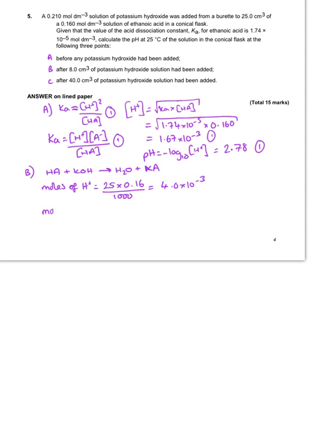Okay, and then we want to know how many moles of hydroxide ion we added. And we know we've added 8, and the concentration is 0.21.